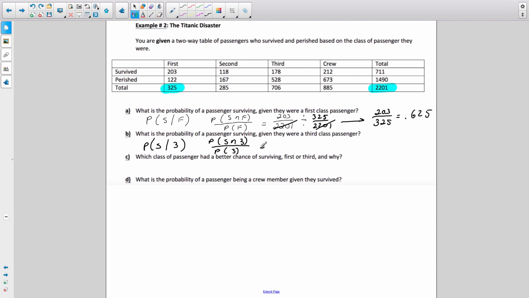Where is the intersection of surviving and third class? That's going to be right here. Third class, surviving. Okay, 178 out of 2201.